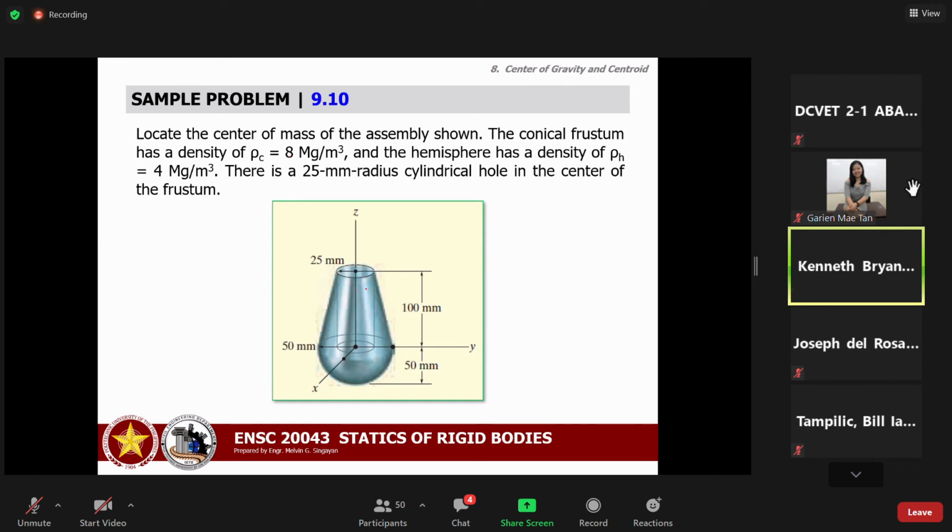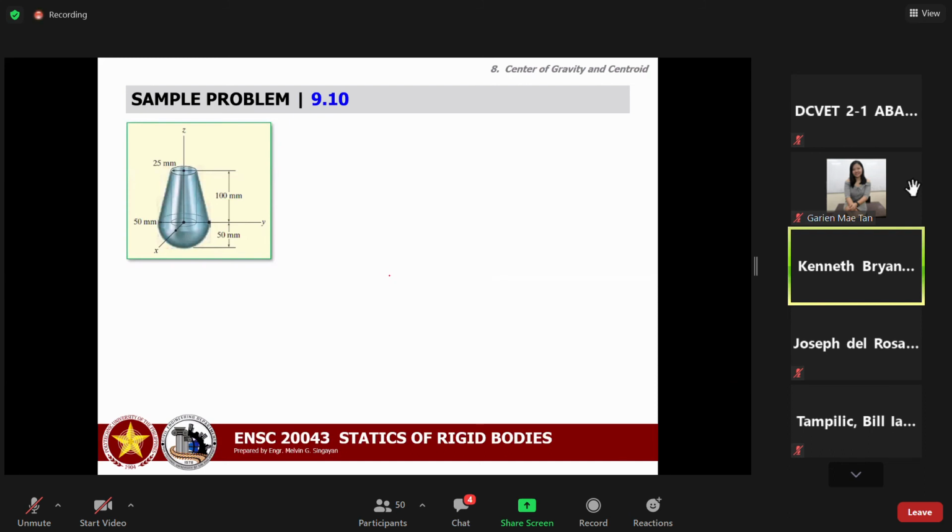Kasi wala naman tayong formula from the tables for a conic frustum and the centroid for a conical frustum. So, since wala, what we are going to do is i-assume natin na meron cone dito. Okay, kasi volume and centroid, center of gravity for a cone. So, i-assume natin na buong cone 'to and the cone.